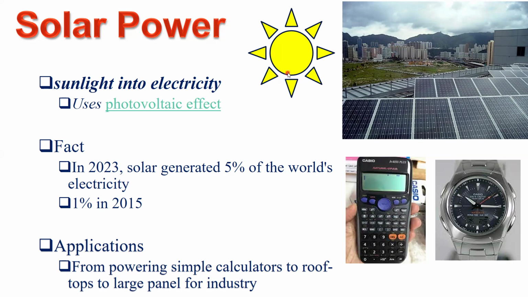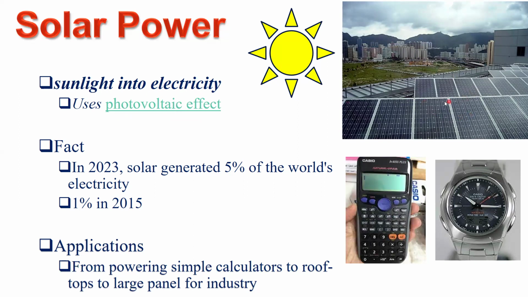So, how is solar energy produced? That is hidden in an effect from physics called the photovoltaic effect. This is basically an effect that converts or transforms sunlight into electricity. We will explore the physics behind it in detail as we progress in this module.